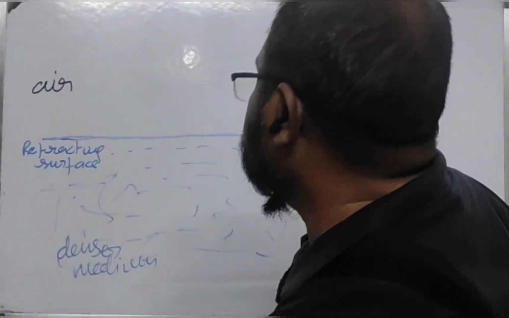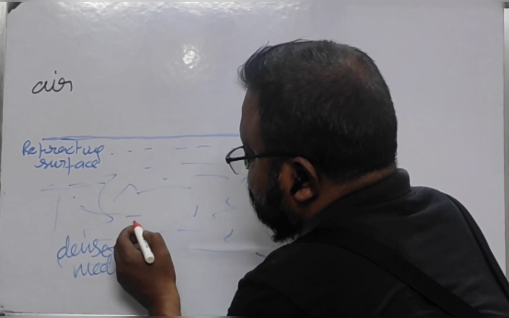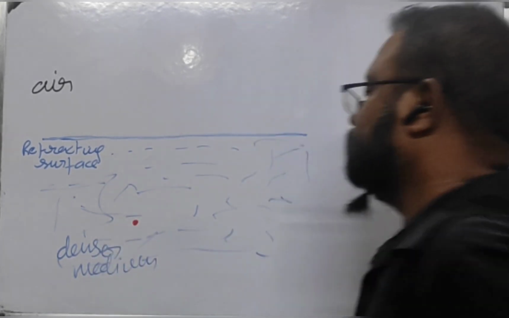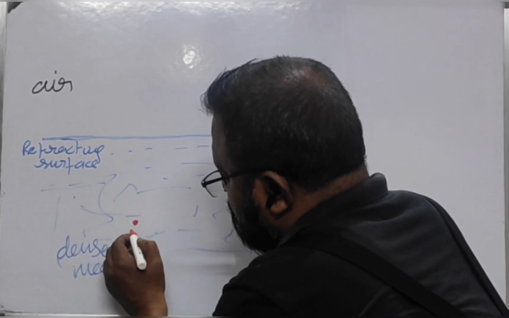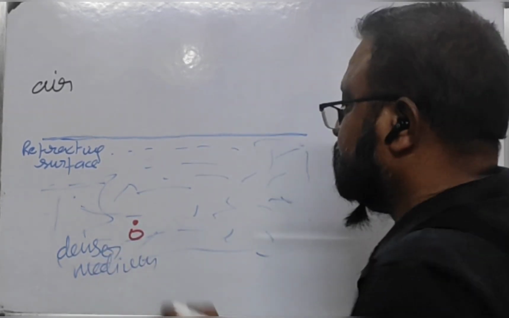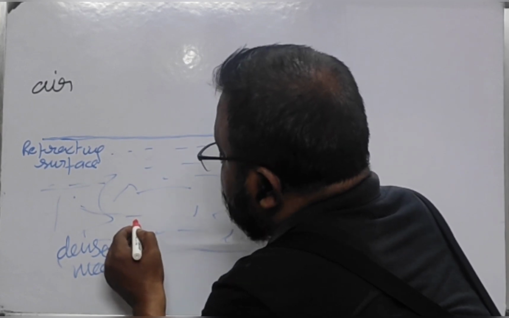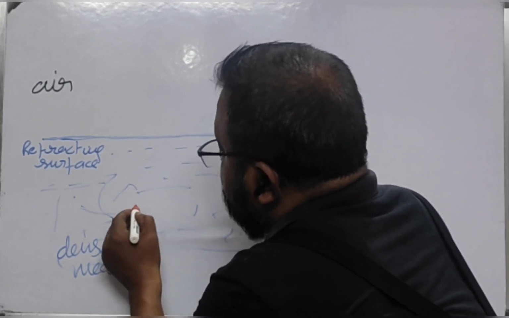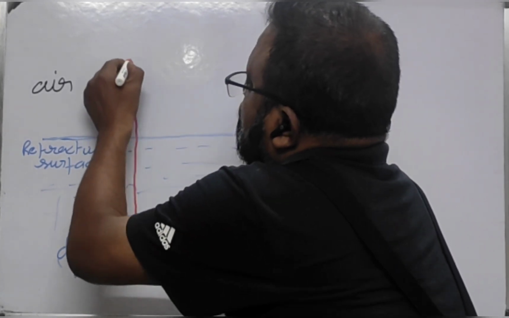Now you have an object here. We call it O. It is the object, and perpendicular to it, this is a normal.